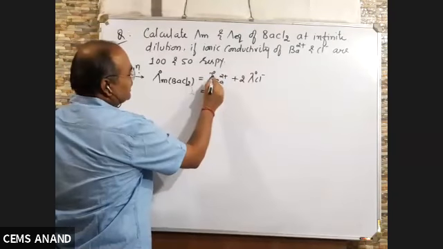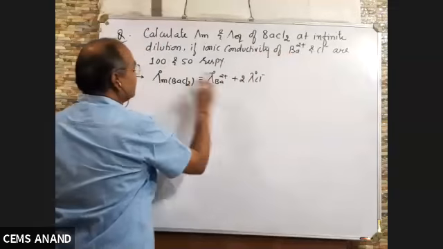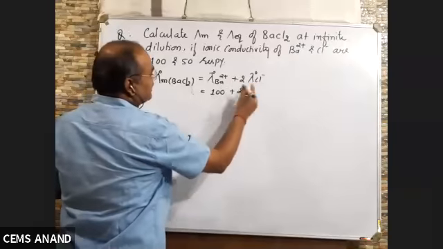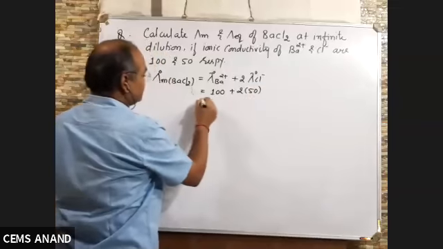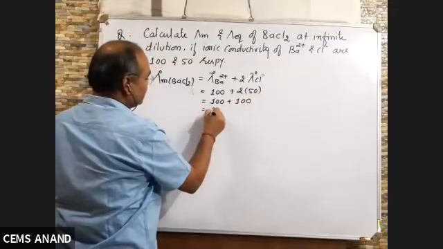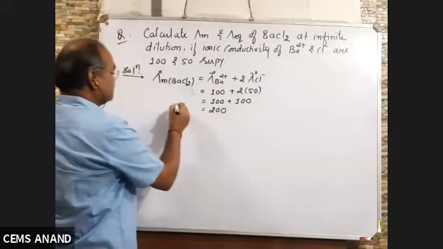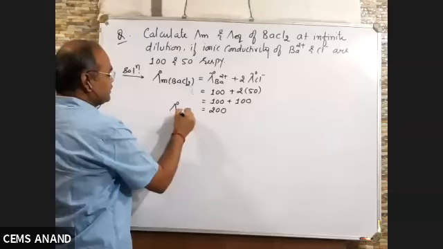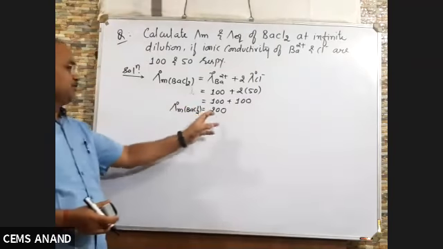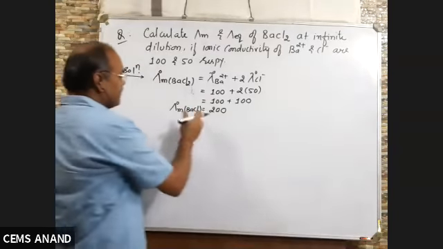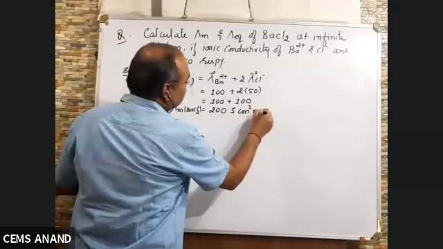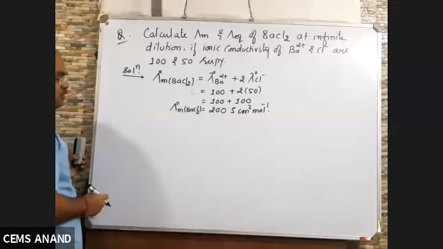The ionic conductivity of Ba2+ is given 100, plus 2 times ionic conductivity of Cl- is given 50. So this will be 100 plus 100, 50 into 2. It will be 200. So this is your answer. Lambda 0 m for BaCl2. So molar conductivity of BaCl2 is 200, right? Siemens centimeter square per mole. You know the unit of molar conductivity.